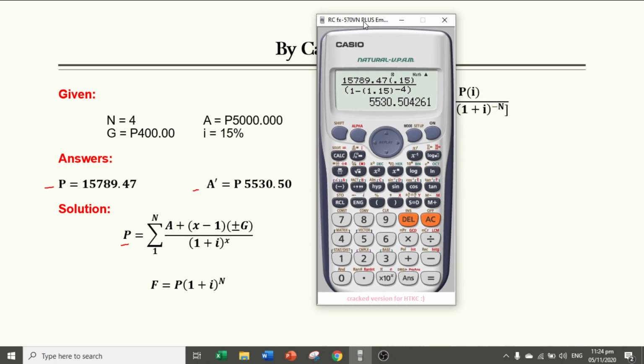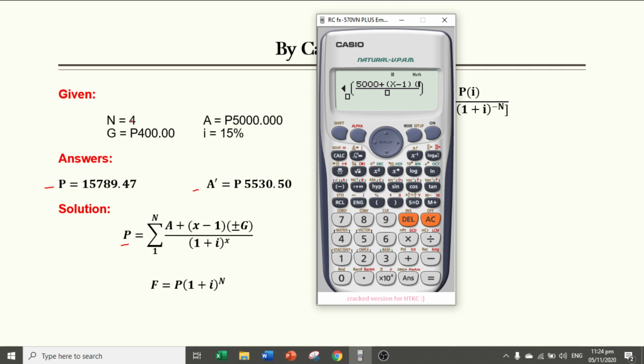So, sabi, ang Caltech dyan ay summation, shift logarithm. Ayan. Summation of A. Ano ba yung A natin? 5,000. Plus x minus 1. So, literal na x yan. Minus 1. Then, plus minus g.